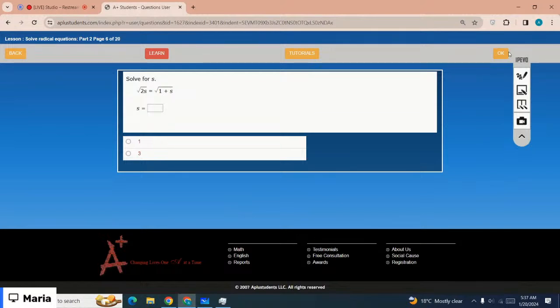You have to solve for s. So which is the correct option? That is s equals 1. The correct option is 1.